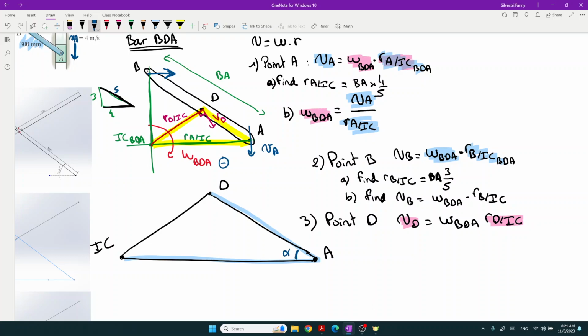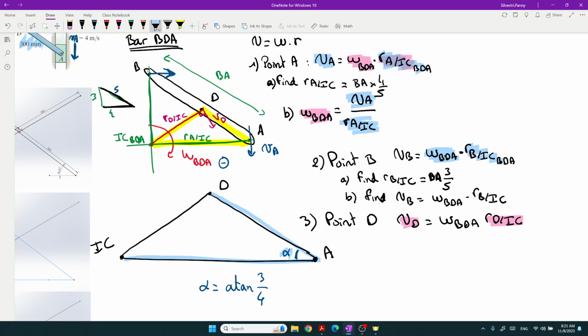Let's call that alpha, because remember that little triangle, 3, 4, 5. So alpha is equal to the arctan of 3/4. So we can find alpha. This is great. We have this angle alpha.